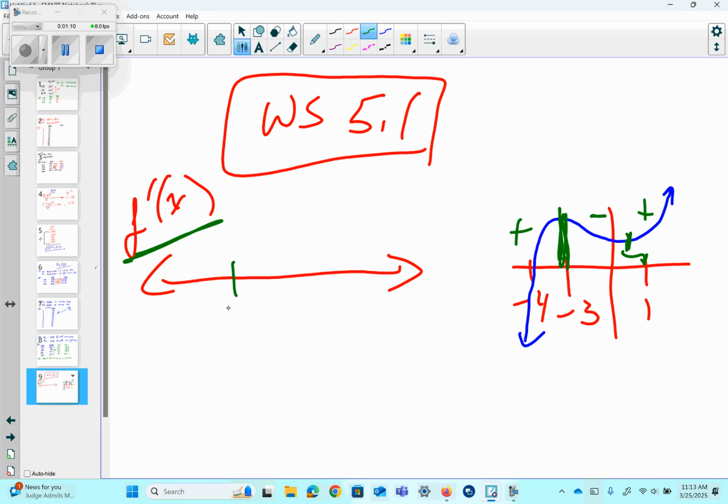So you probably get away with saying -3 and +1. And then you could say that you have a positive slope here, a negative slope here, and a positive slope there. And that's all it is. So the F prime chart is just based on what the slope is doing. Remember, F prime is the derivative. The derivative deals with the slope. That's how you do that first problem.